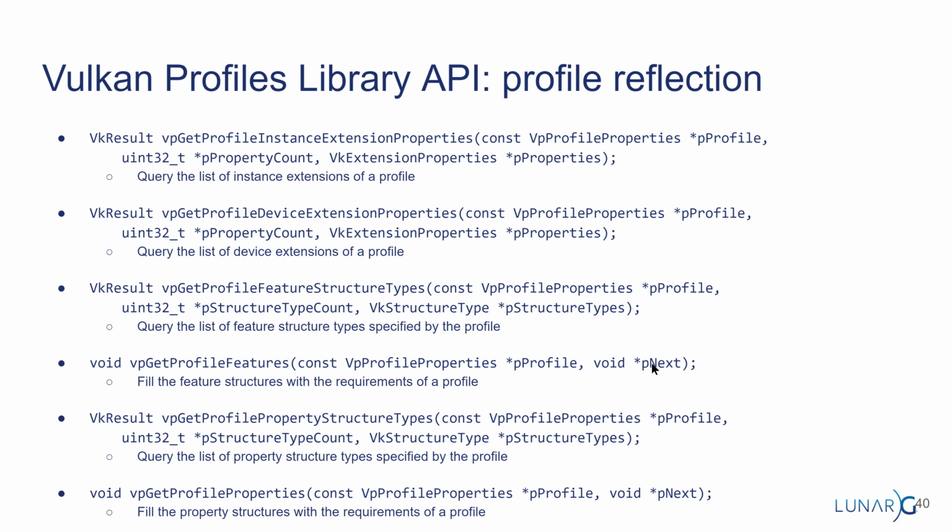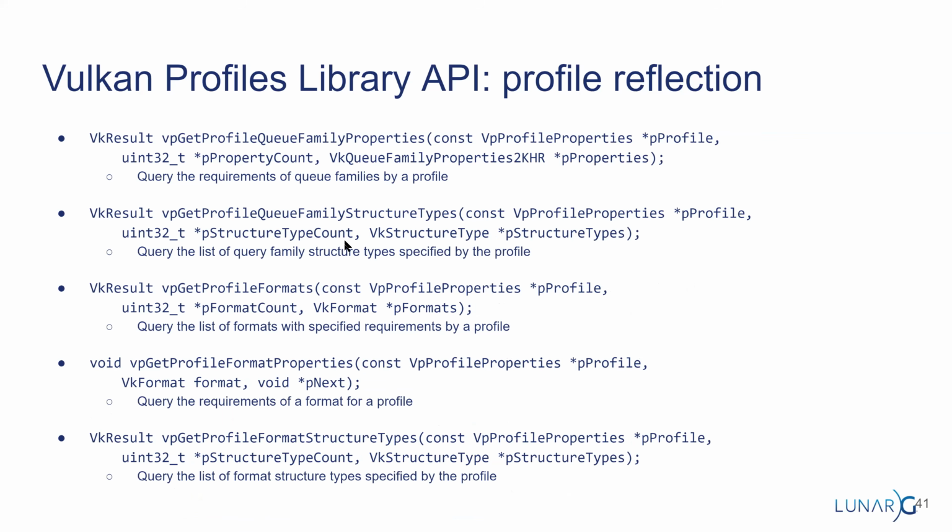If it's a pNext, it's because we can chain all the structures we want to fill. So in one call, we can fill all the structures at once. But we can also do it one structure at a time if it's more convenient. And we have the same sort of function for query family properties, for formats.